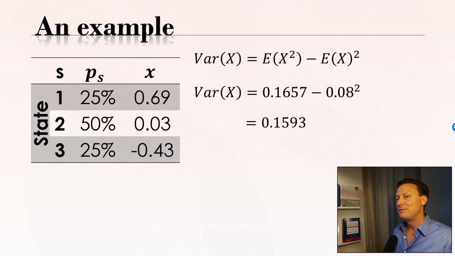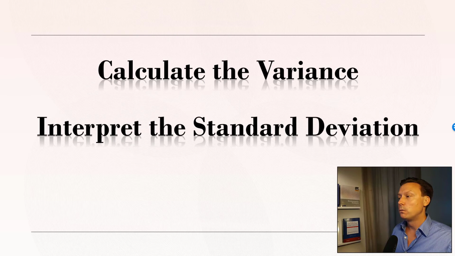However, the variance is a bit tricky to interpret because it's the average square deviation around the expected value. What we usually want to look at is the standard deviation. So I always say that we calculate the variance, but we interpret the standard deviation. The standard deviation is just the average deviation from what we expected.